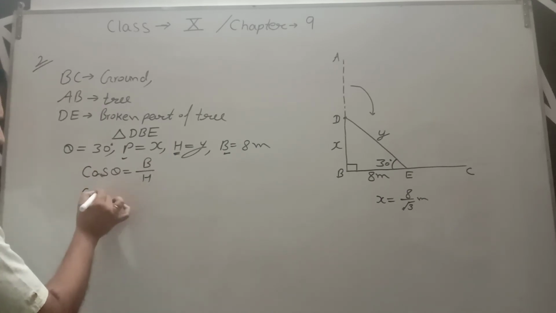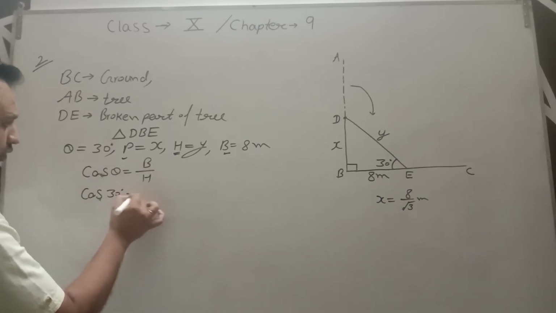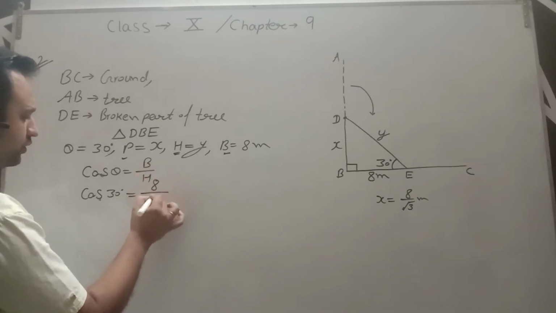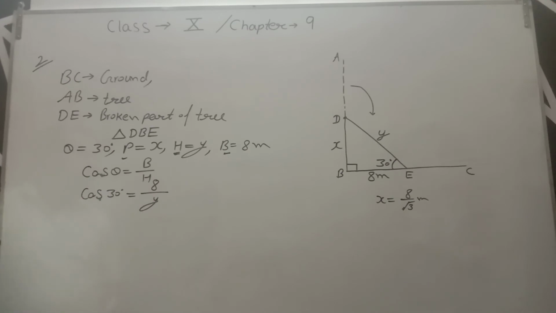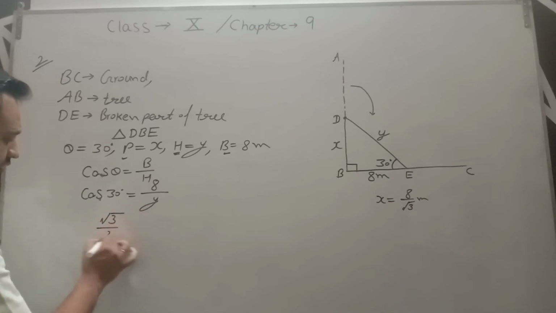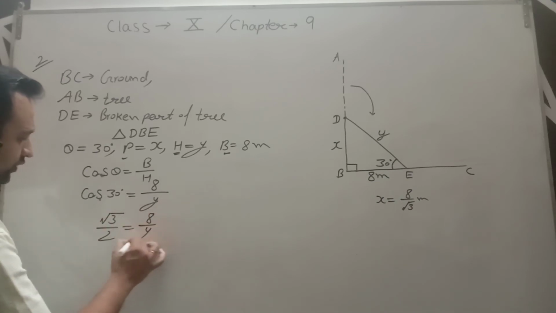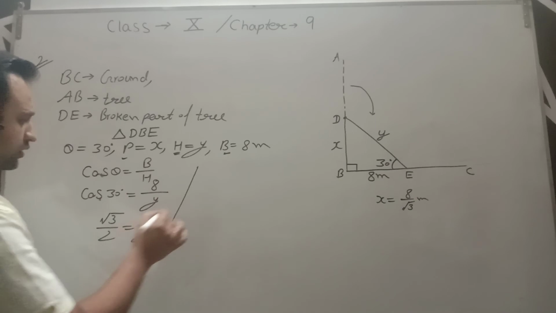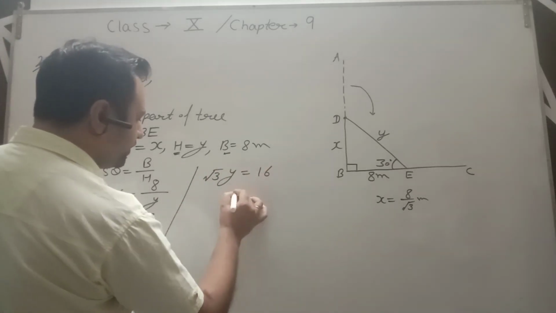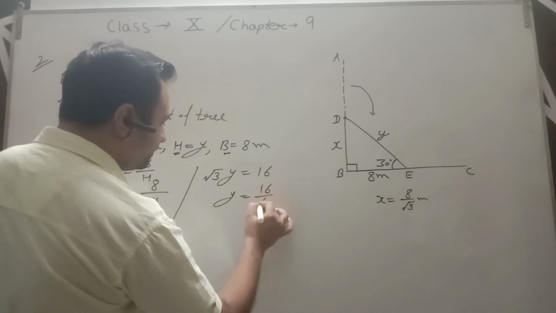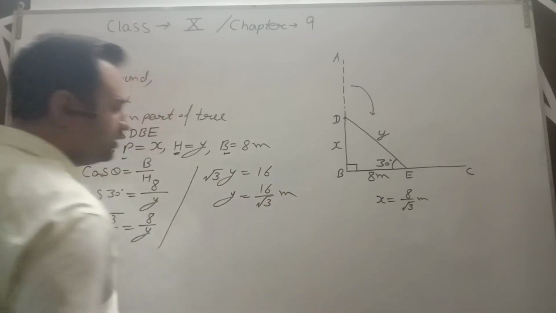Cos 30 degree is equal to 8 upon y. What is the value of cos 30 degree? Cos 30 degree is equal to sin 60 degree, which is root 3 by 2. So root 3 by 2 is equal to 8 upon y. After cross multiply, under root 3 y is equal to 16. So y is equal to 16 upon under root 3 meter.